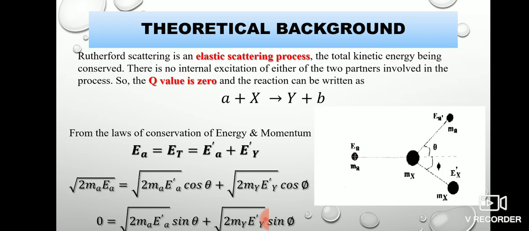By properly combining and solving these three equations, we get the energy of the outgoing projectile after deflection, EA prime, which equals EA divided by (1 plus R squared), times [2 cos theta plus R squared minus 1... plus 2 cos theta root of (cos squared theta plus R squared minus 1)].